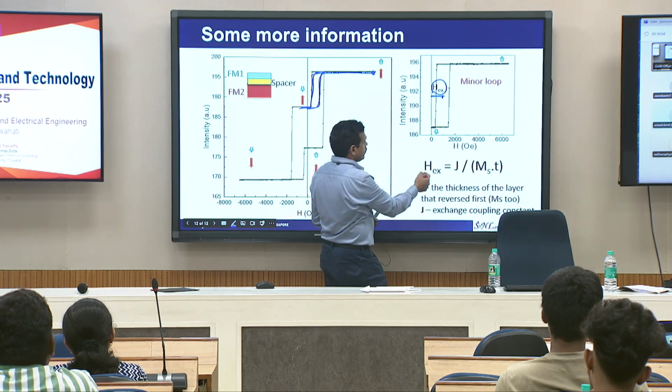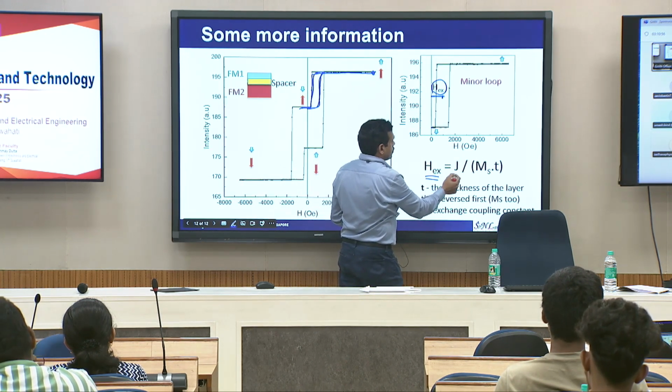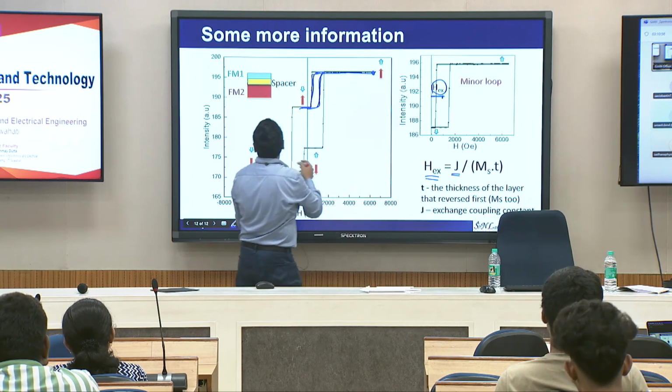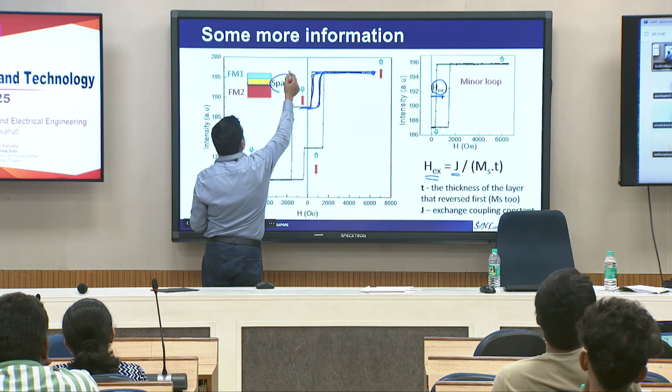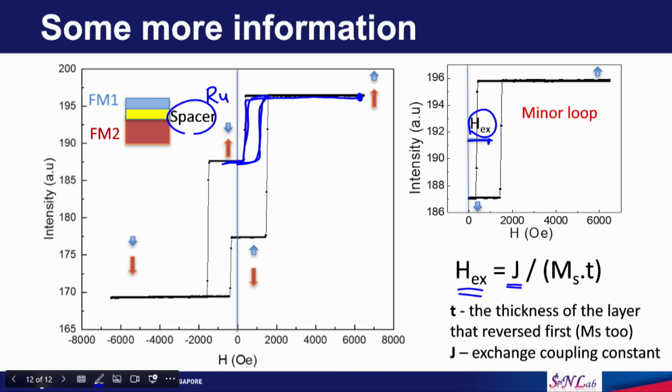This exchange field is related to J. J is the coupling introduced by this spacer layer. For example, ruthenium introduces a certain J that forces the two magnetizations to be antiparallel to each other. MS is the magnetization of the particular layer that switches, and t is the thickness of the layer that switches first.